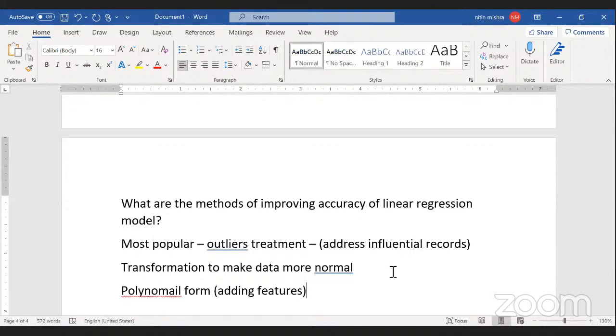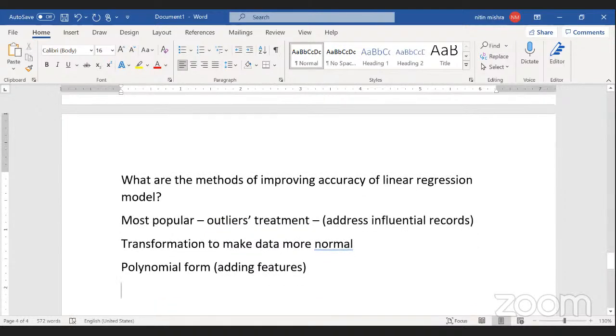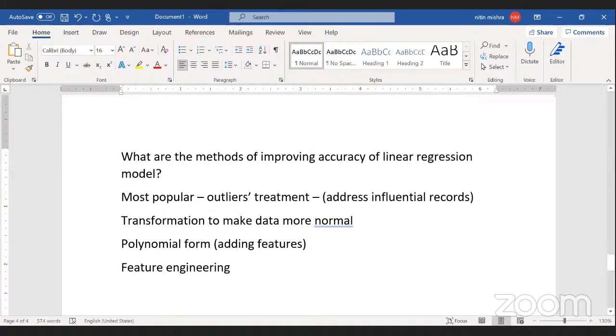Adding features. Feature engineering. All right.